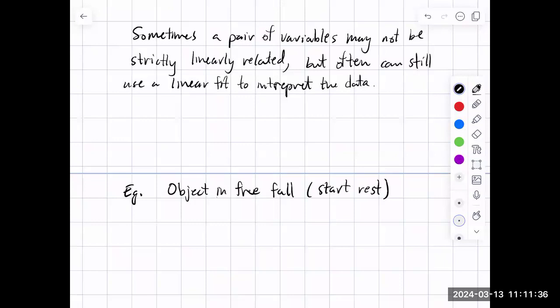In this case, we're going to measure not the speed of the object, but its displacement. How far has it moved? So one of our other kinematic equations is x equals x naught plus v0t minus 1/2 gt squared. If we're starting from rest, the v0t is not there, and so we just end up with 1/2 gt squared.